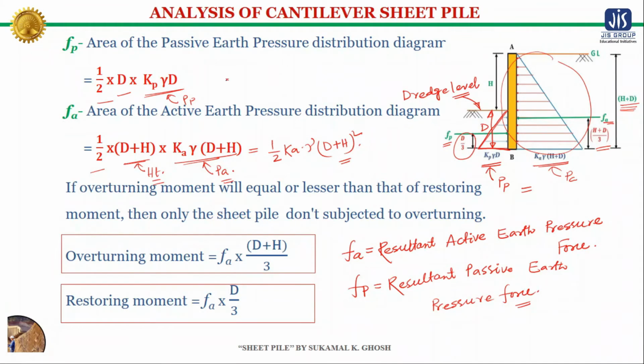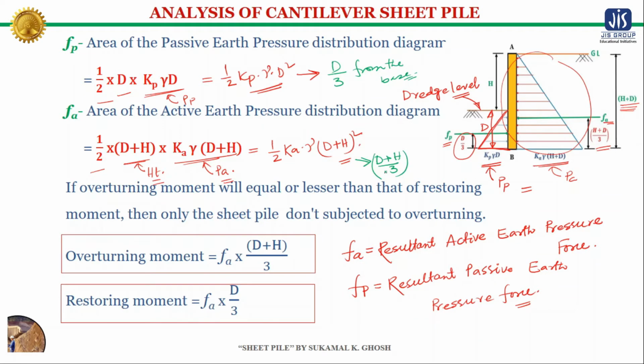So if you solve it, you will have half into Kp into gamma into D square. Okay, and it is acting at a depth of D by 3 from the base. Okay, and in the same way, this is acting at a depth of D plus H divided by 3 from the base of the sheet pile.